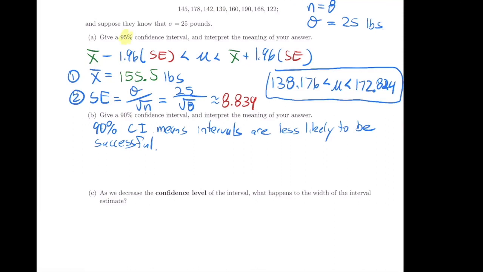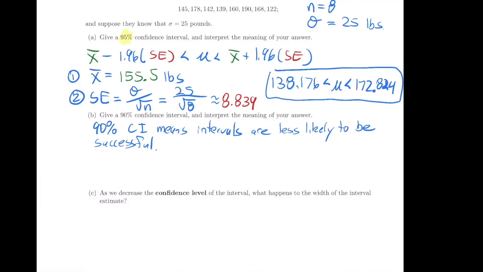The odds that your interval is going to contain the population parameter went down by 5%. That seems kind of bad, but the trade-off is that we're giving a more narrow estimate. So the good thing about decreasing the confidence level is you get a more specific estimate. The bad news is you're less sure that it's going to contain the population parameter.